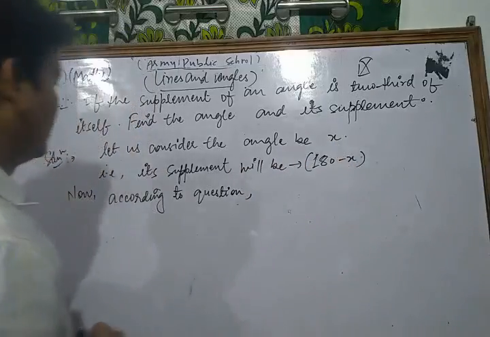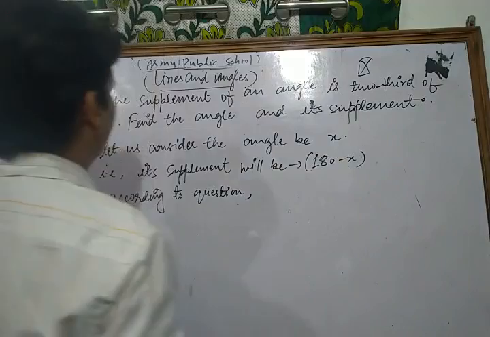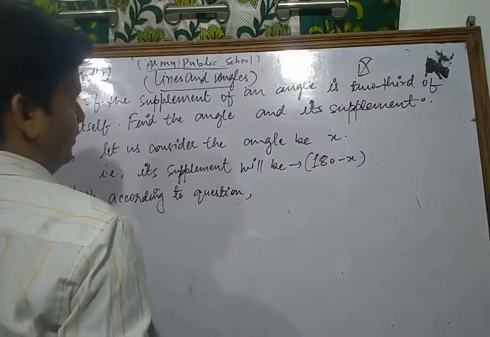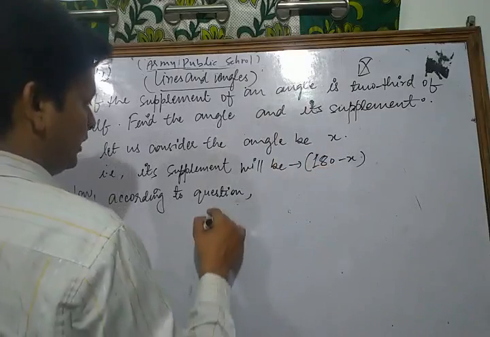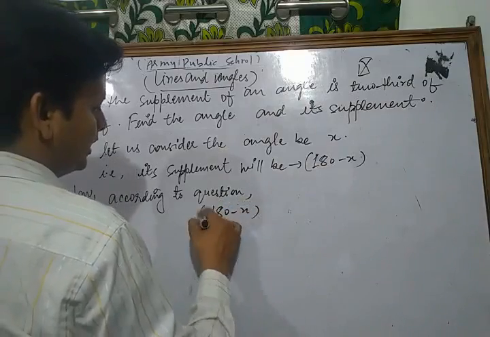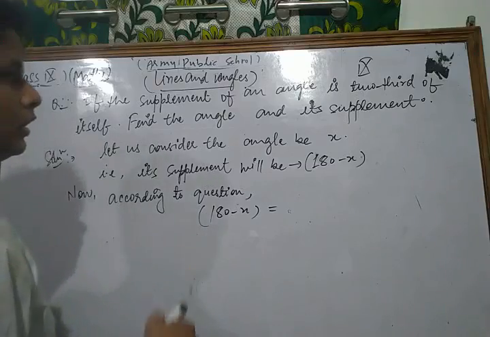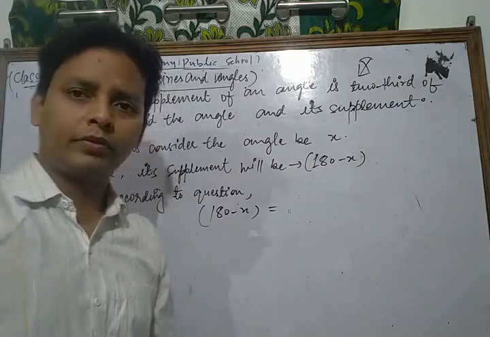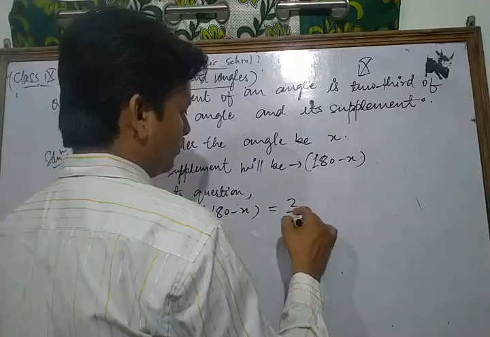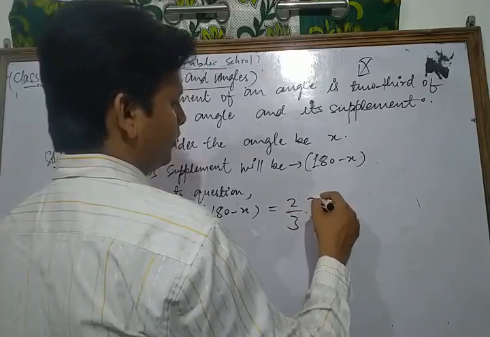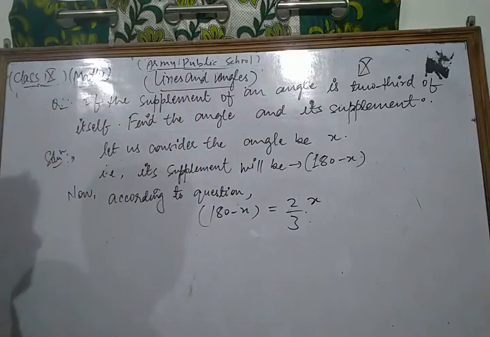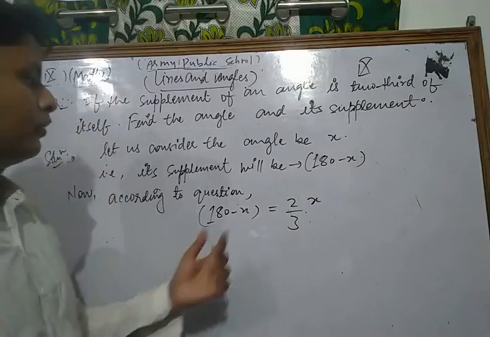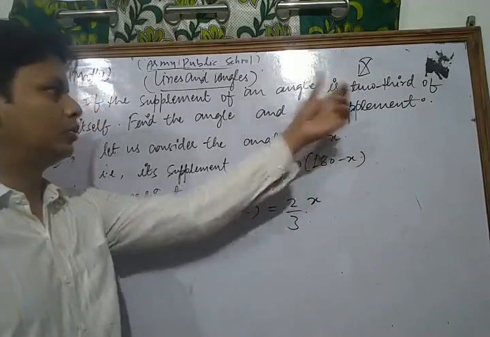So 180 minus x is equal to 2 by 3 of x. This is the concept of that question: the supplement of an angle is two-third of itself.